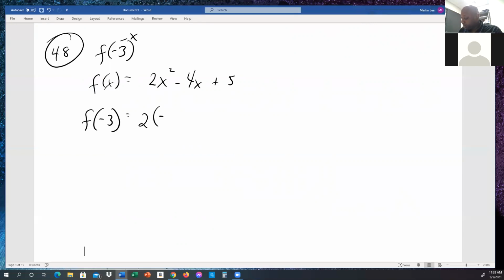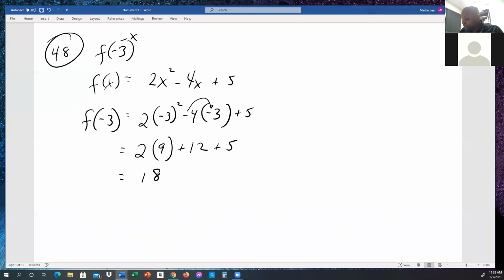So 2 times -3 squared minus 4 times x, which is -3, plus 5. Now let's simplify. This gives me 2 times -3 squared, -3 times -3 gives me a positive 9. -4 times -3 gives me a positive 12, and plus 5. So 2 times 9 is 18, plus 12 plus 5 is 17, and 18 plus 17 equals 35.